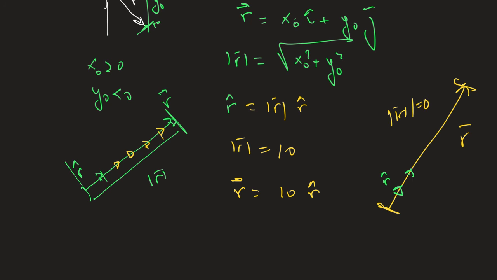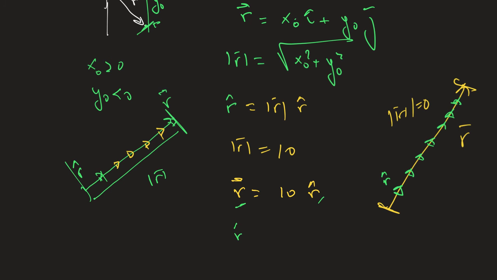So I will put 10 times the vector here, in the correct direction, in the direction of the unitary vector. And after putting 10 times the unit vector, I will get the vector r.